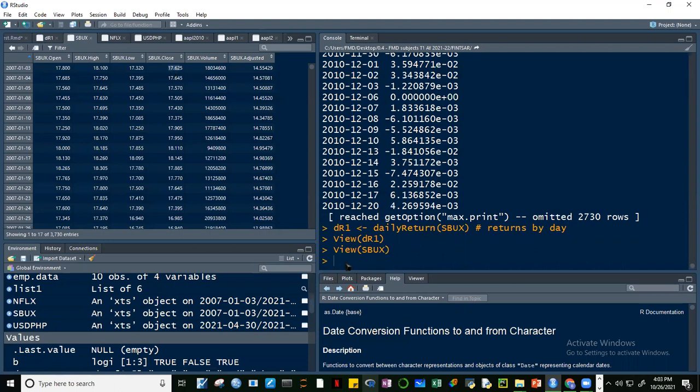Control C, Control V. May 5 here. And then the closing for this one. Control C, Control V. So this is daily returns.